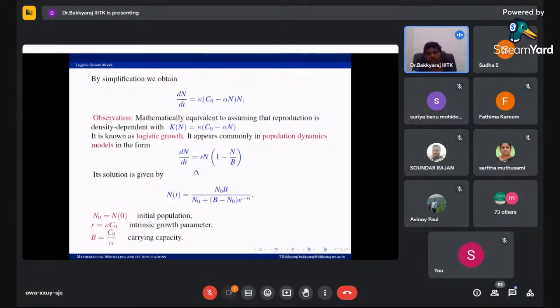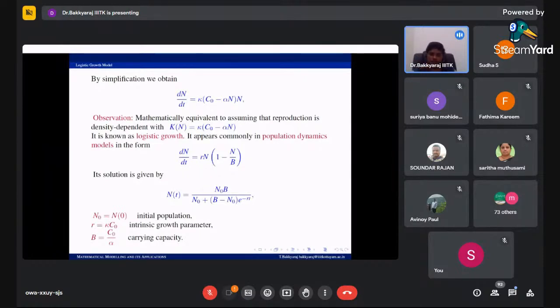This is called the logistic growth model. The solution ends up like this. Here you will see that when t tends to infinity, you don't get unbounded infinite growth. So this is a more realistic solution as far as this simple biological model is concerned.